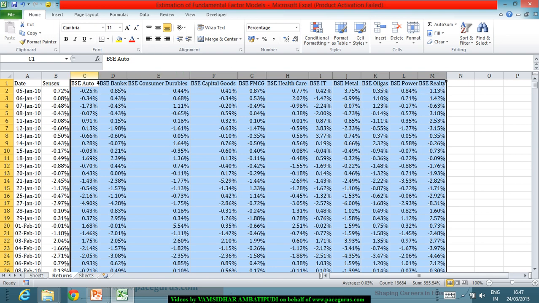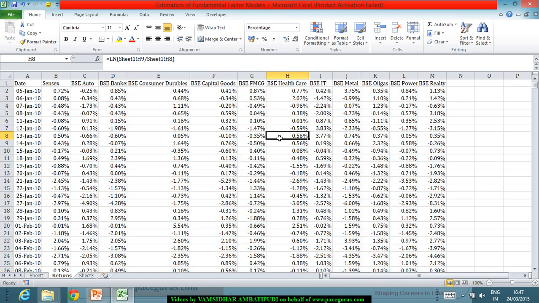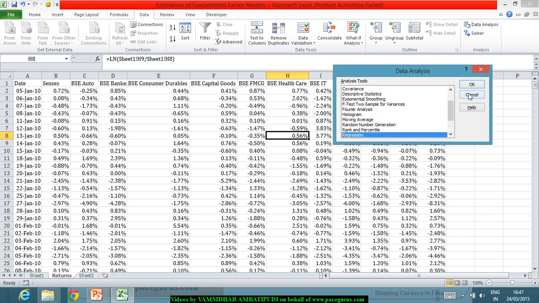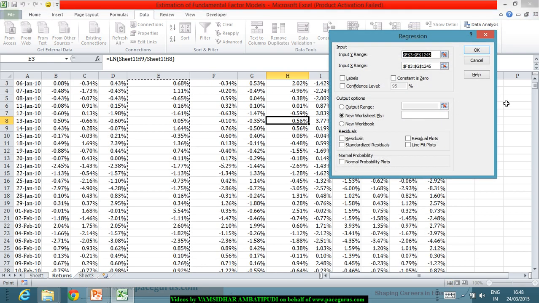Because I'm taking multiple independent variables, I'm calling it a multi-factor model with these 11 different risk factors, right? So with these 11 different risk factors, let me try to build a regression model here. After that, we'll discuss something more. Okay, I'm doing a regression.